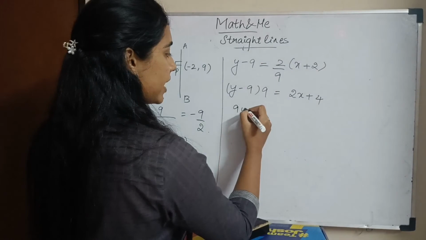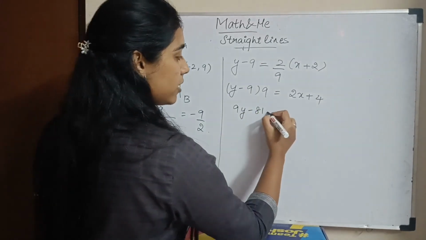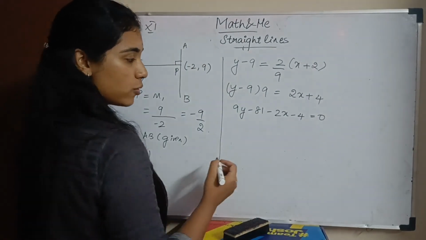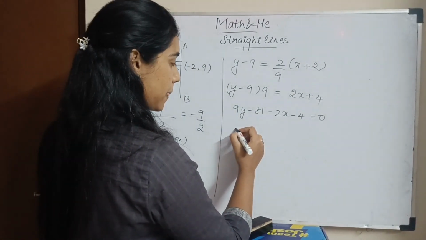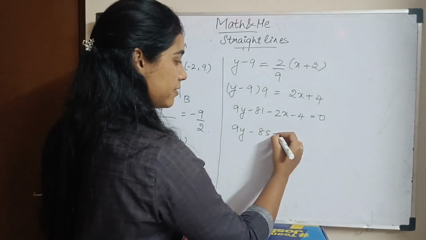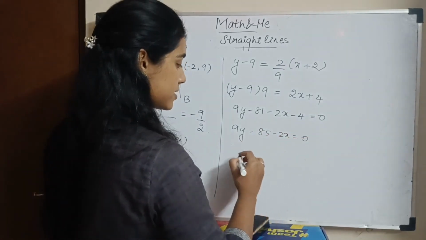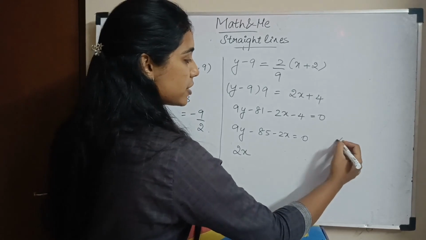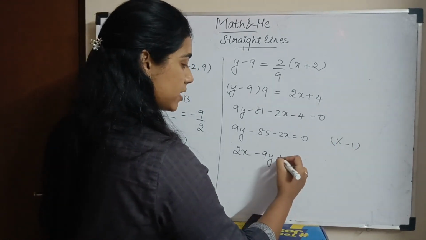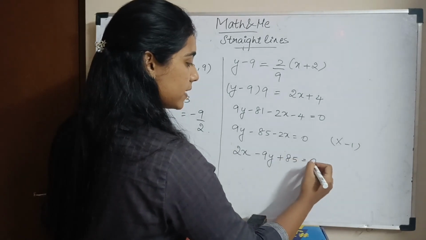So what do I have? 9y minus 81 minus 2x minus 4 equals 0. So what is it? 9y minus 85 minus 2x equals 0. Multiplying the whole equation by minus 1: 2x minus 9y plus 85 equals 0.